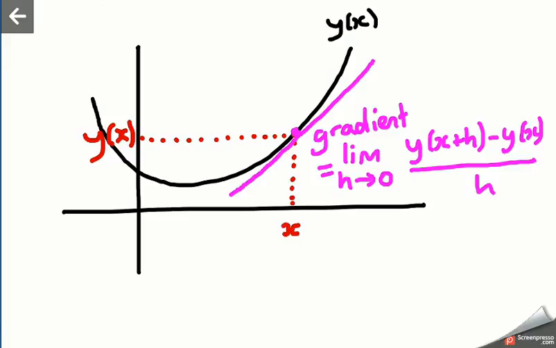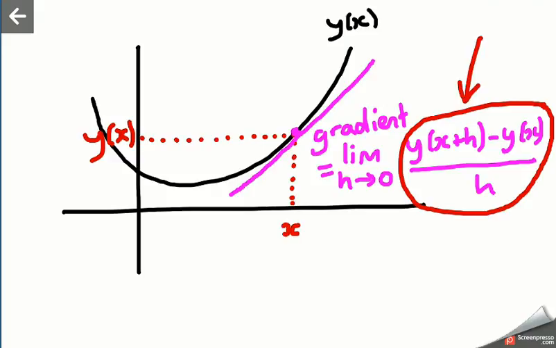In other words, we take this thing here for any values of h that are not 0, and we let them get closer and closer to 0, and we see what the thing inside the circle gets closer and closer towards. And whatever number that gets closer and closer towards as h gets closer and closer to 0, that's the gradient of this tangent line right here.